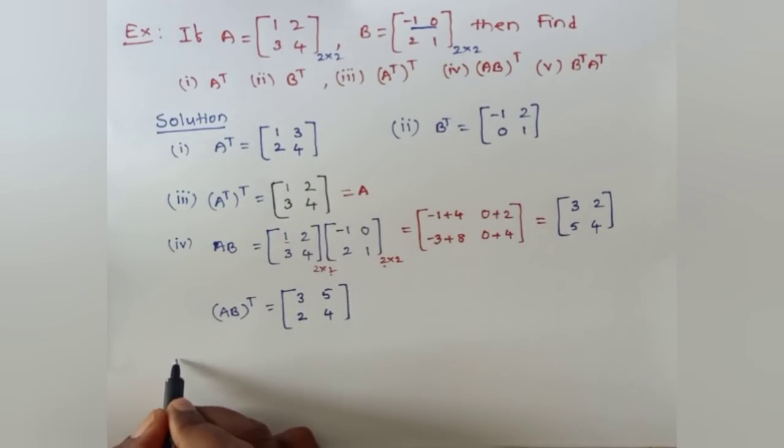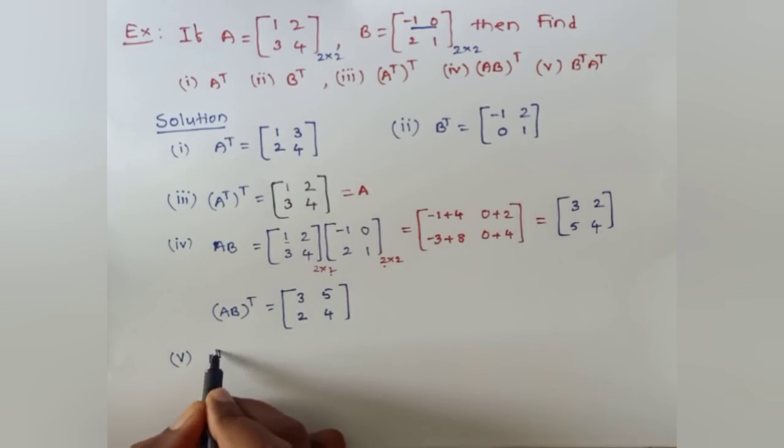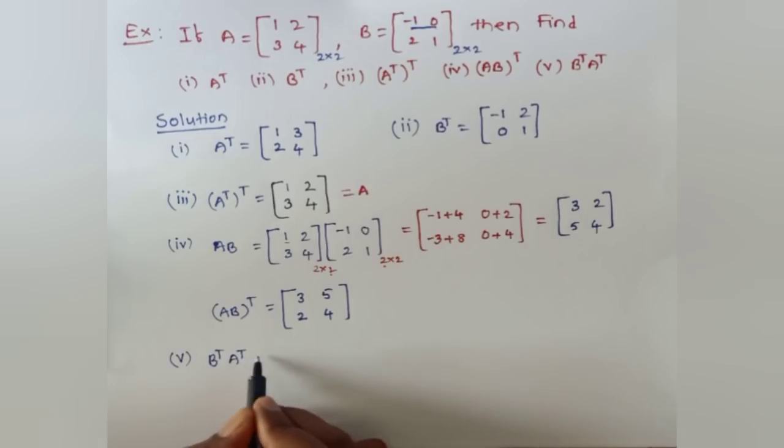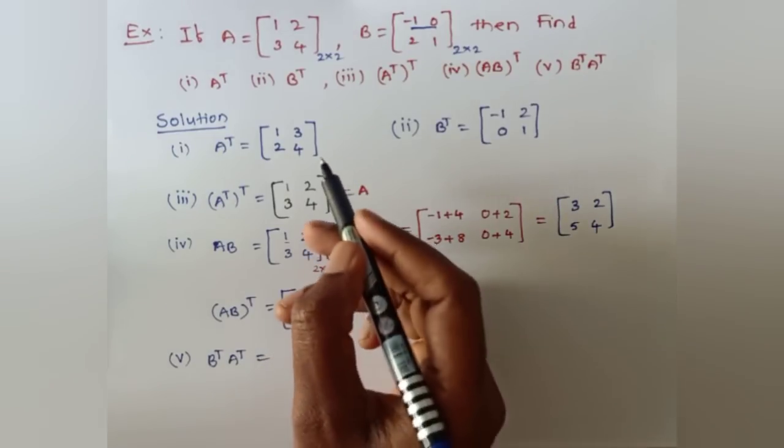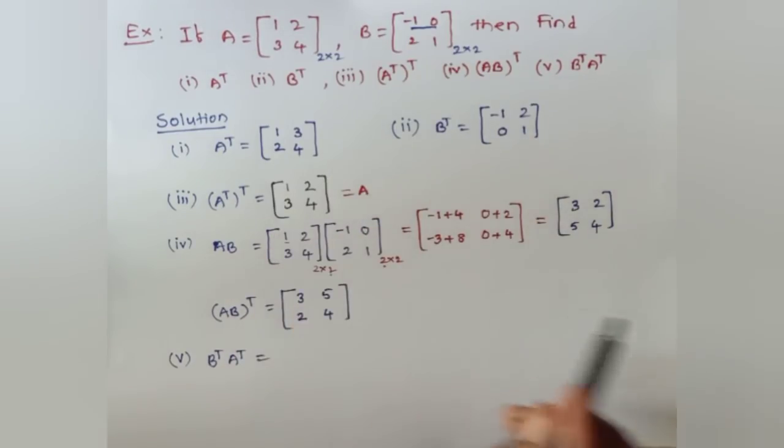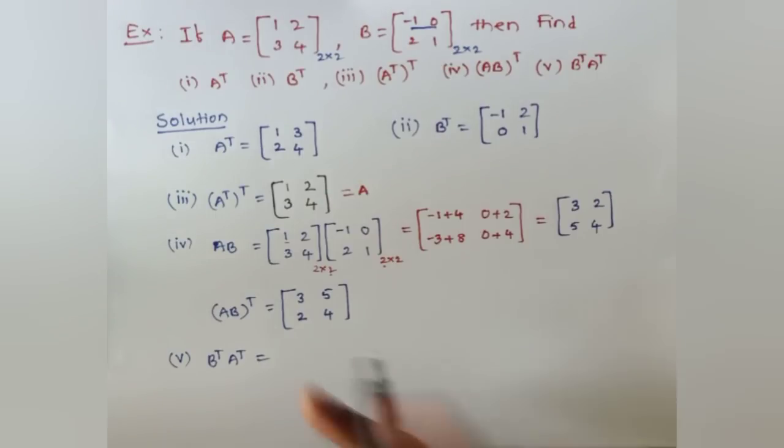Then finally the problem 5, that is B transpose into A transpose. So already we have B transpose matrix and A transpose matrix. Now, what is the B transpose here?